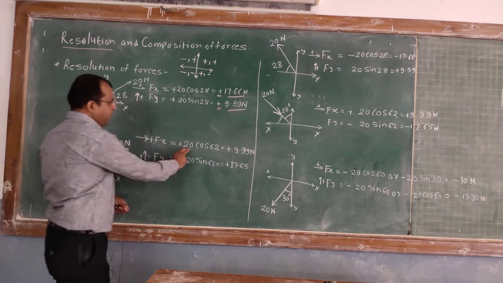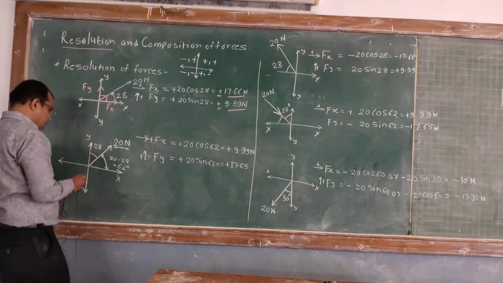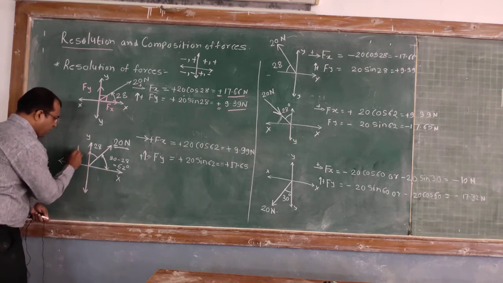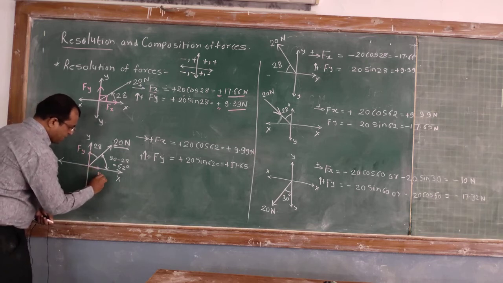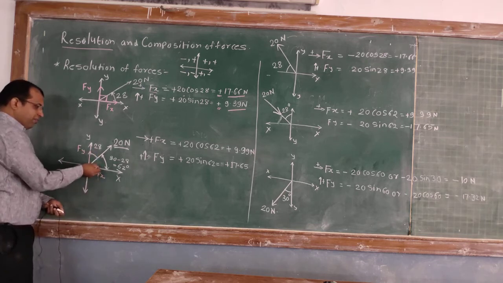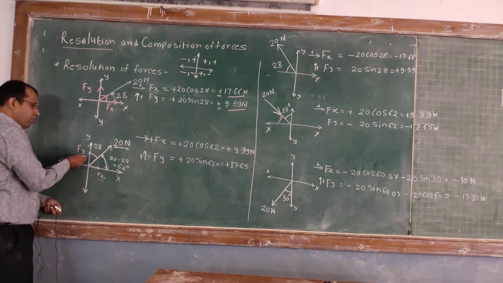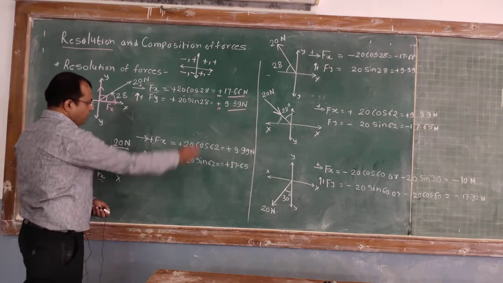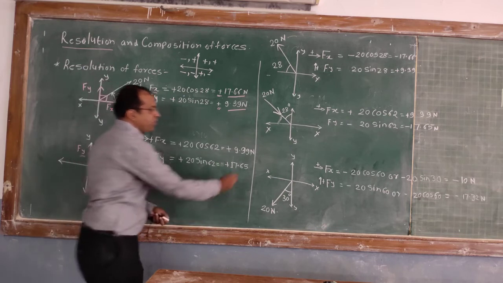So 20 cos of 62 is the x component, and the vertical component is the y component, F of y, and the horizontal component is F of x. It is again in the first quadrant. Therefore the x component is positive, the y component is also positive, that is 20 sine of 62.